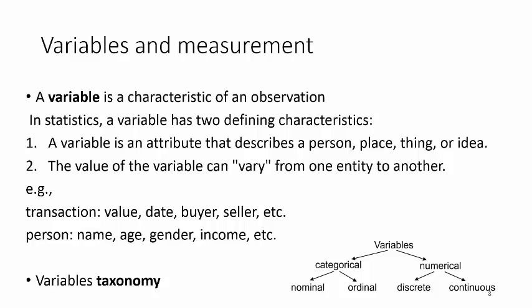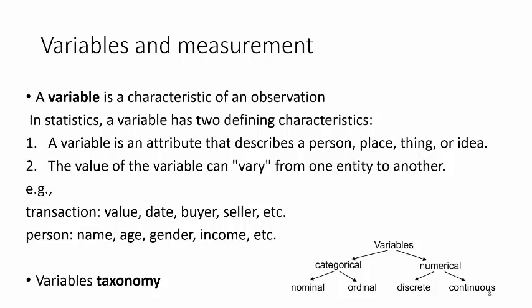Another example, when we describe a transaction, the value, the date, buyer, seller, shipping date, etc. can also be variables. For a person, the name, age, gender, income, etc. can also be variables.